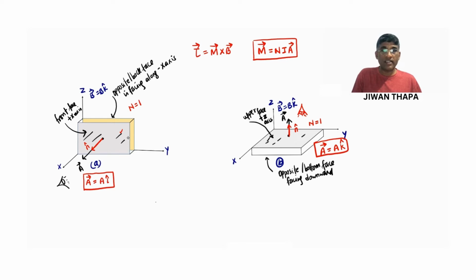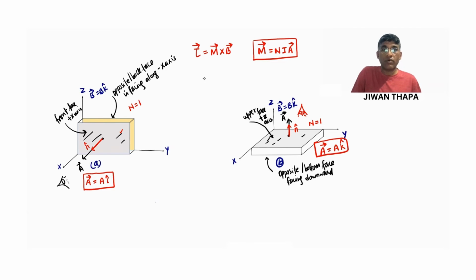We can see in these two figures I have made a rectangular coil, which looks thick, but actually we have a single turn. I'm drawing it thick just to get the idea of two opposite faces.